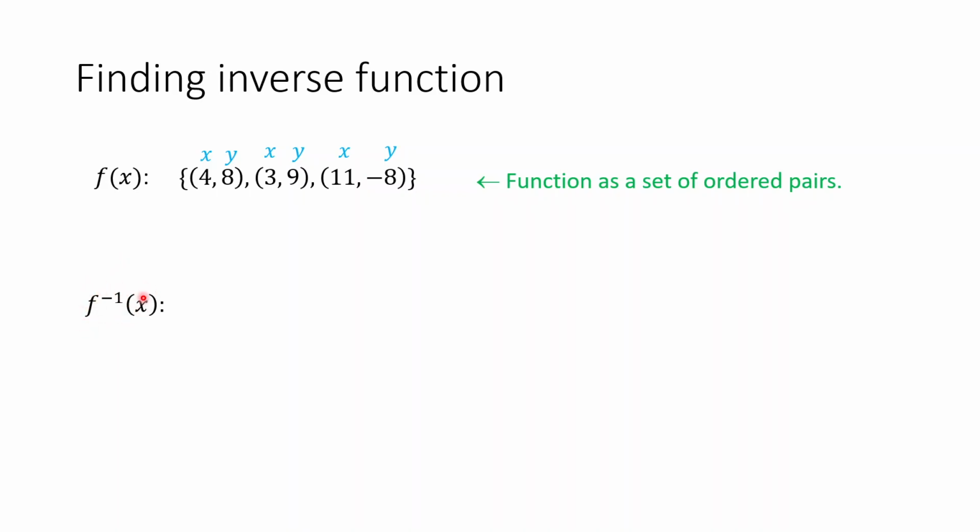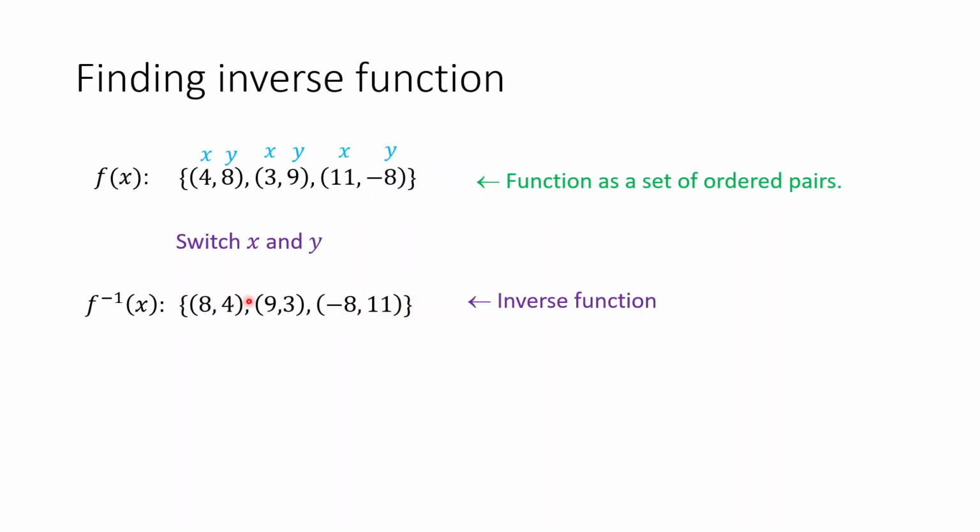To find the inverse function, you need to switch x and y. Switch x and y, and you will get the inverse function. So the inverse function is (8, 4), (9, 3), (negative 8, 11). This is the inverse function for this function.